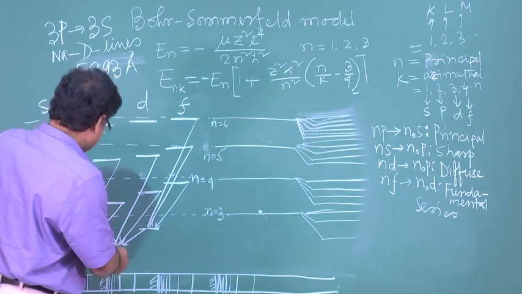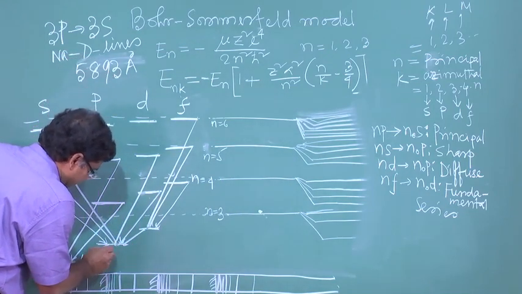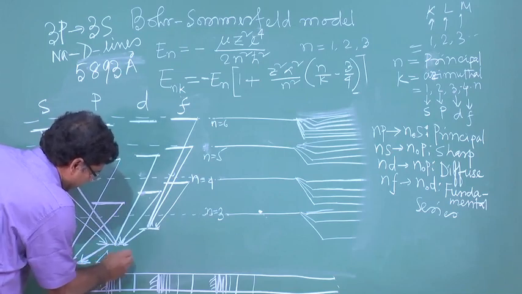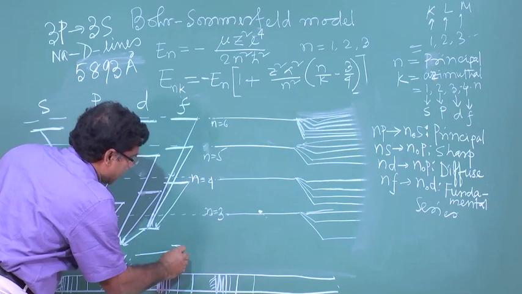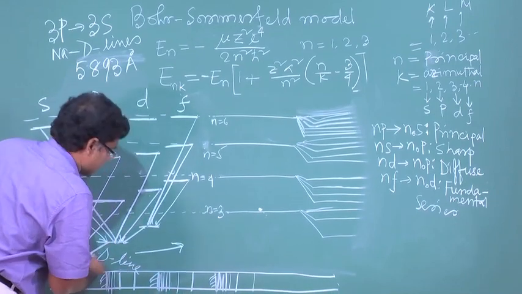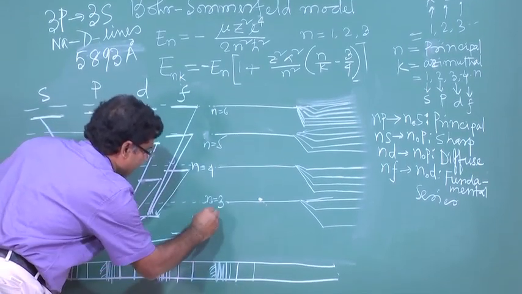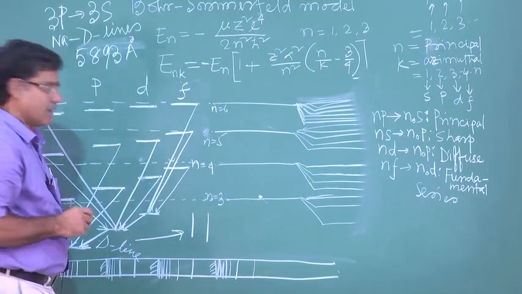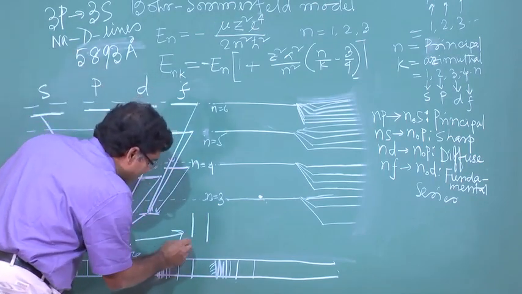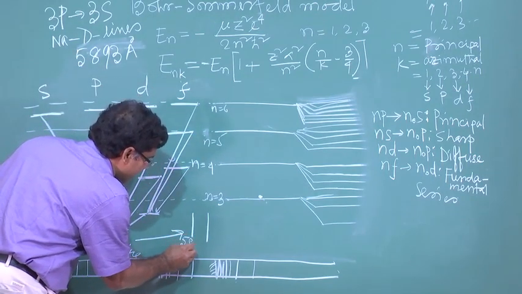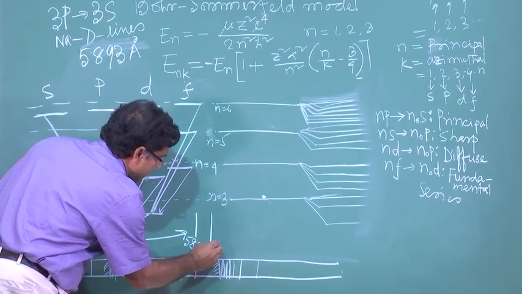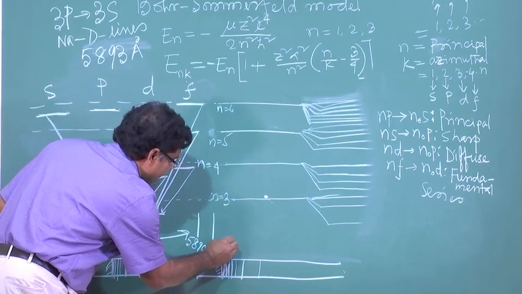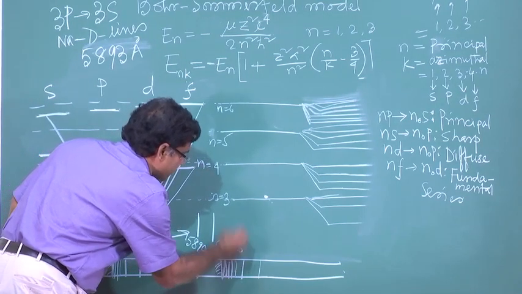The wavelength of one is 5890 angstrom and of the other is 5896 angstrom.